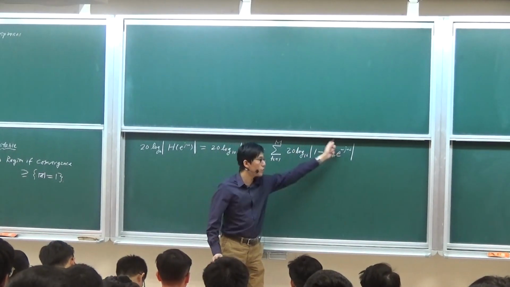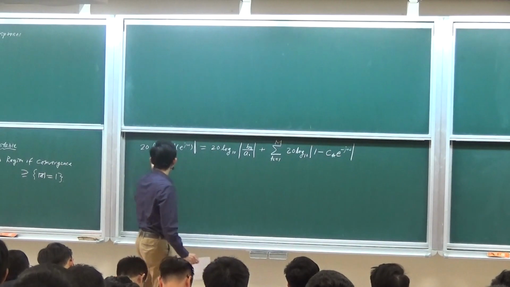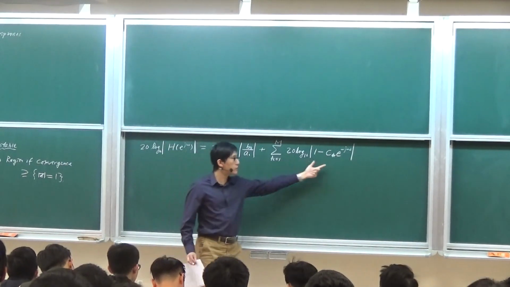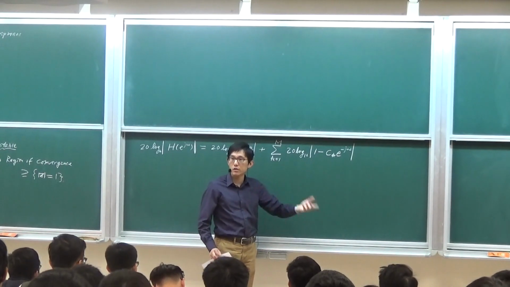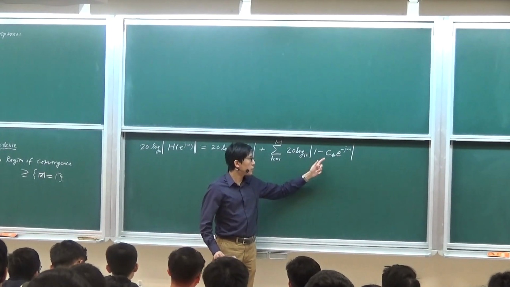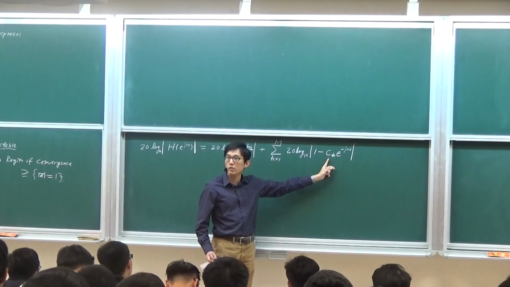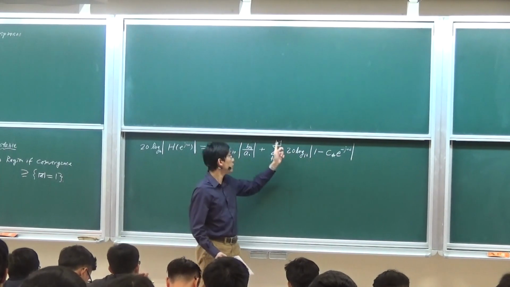Okay, this individual term. Now, after taking 20 log 10, this term is exactly the contribution to the magnitude response due to the presence of every zero, c1, c2 to c10.